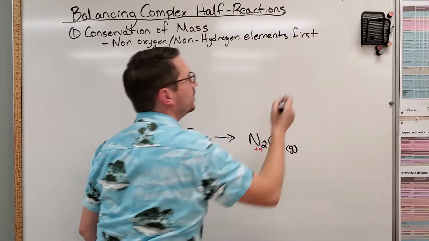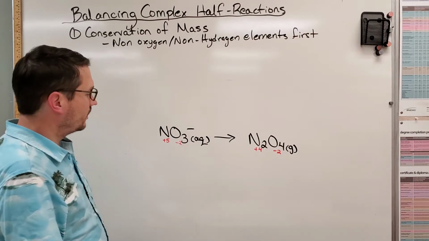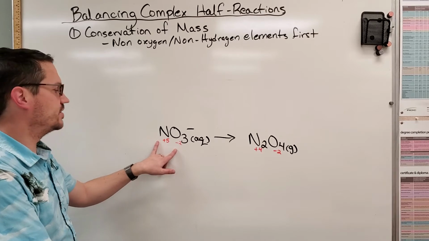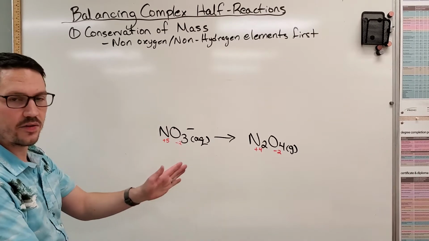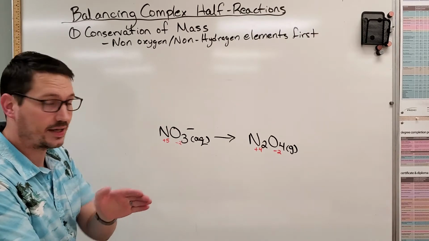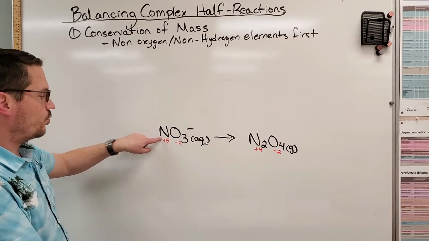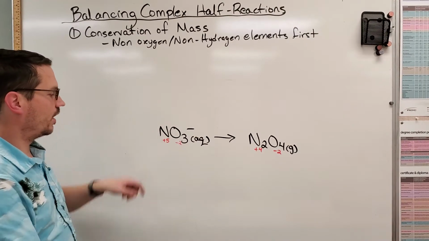That's the first thing you want to deal with. So we're going to take a look at our non-oxygens and non-hydrogens, and I see the only other element here is nitrogen. It can't be oxygen, it can't be hydrogen. We're going to look at nitrogen. I see one nitrogen on the left-hand side.